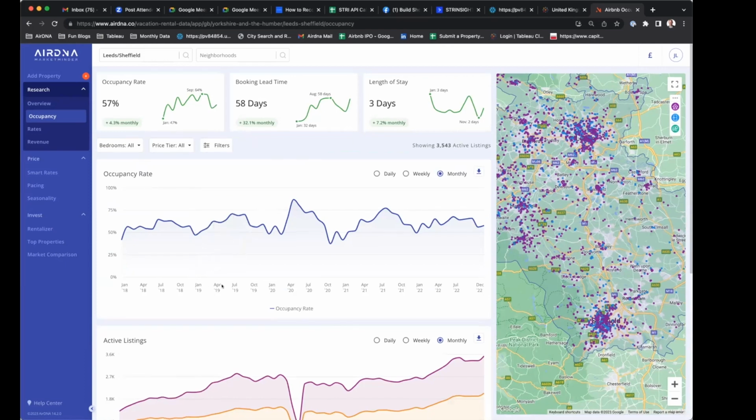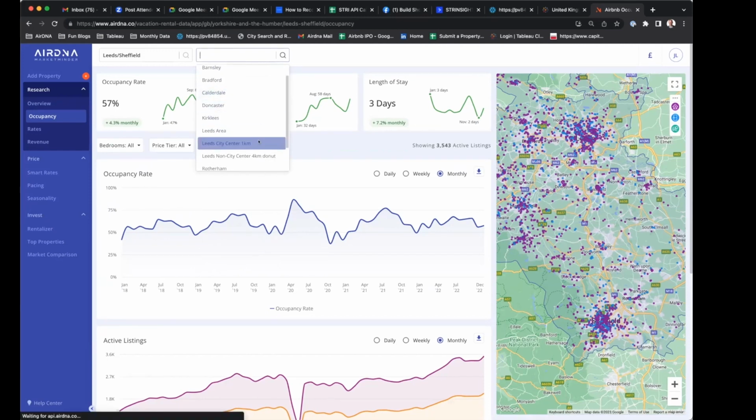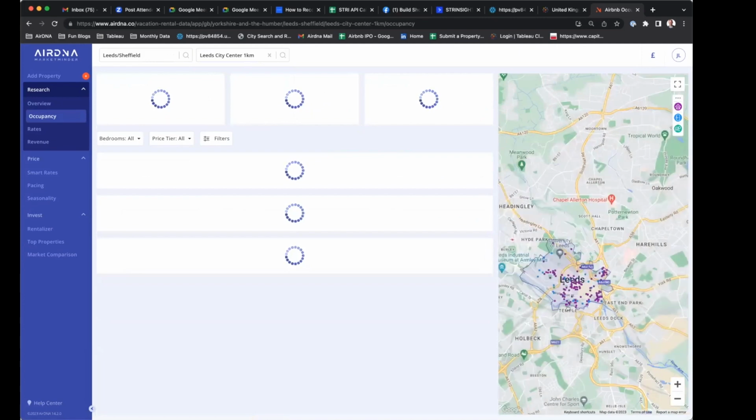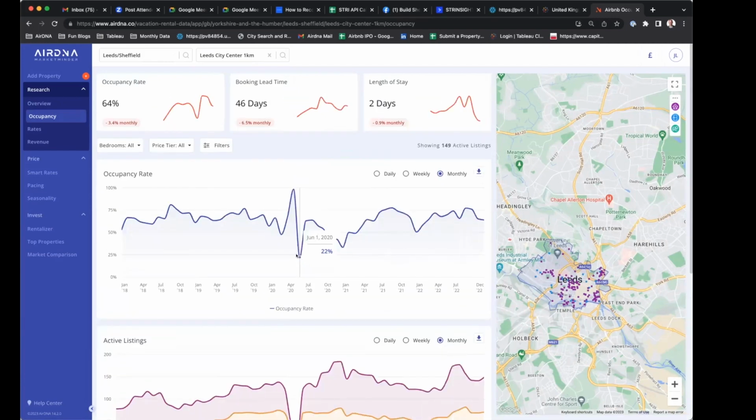So as we're looking around here, we can look at specific areas of Leeds. We've got the center city that you can dig into. And you see there's about 150 listings in the old city of Leeds. We can compare occupancy. We can compare rates. We have a lot of different filters.